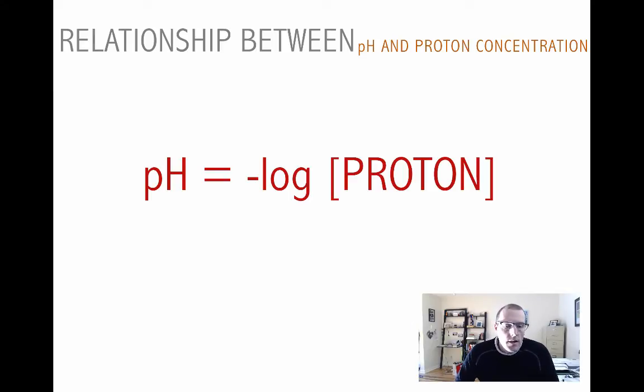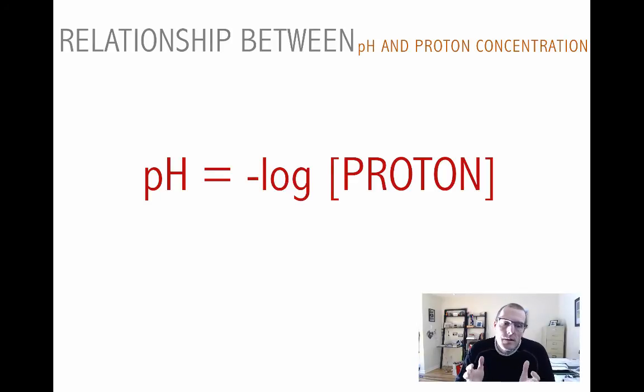So let's talk this through really quickly. If I said the proton concentration was, I don't know, 10 to the minus 10 molar. If you put 10 to the minus 10 into your calculator and then do negative log, you're going to come out with 10. Think about it like this.